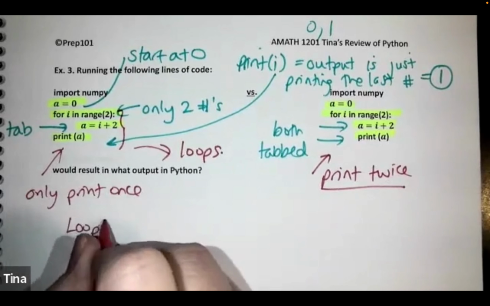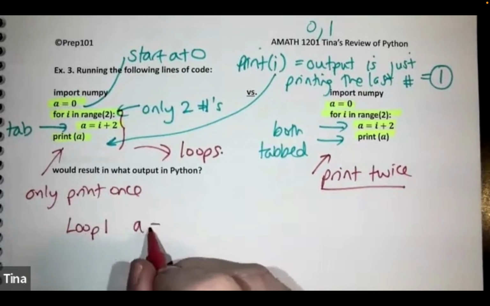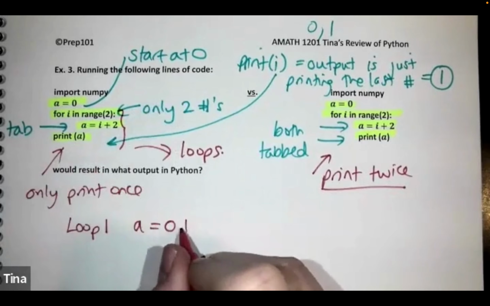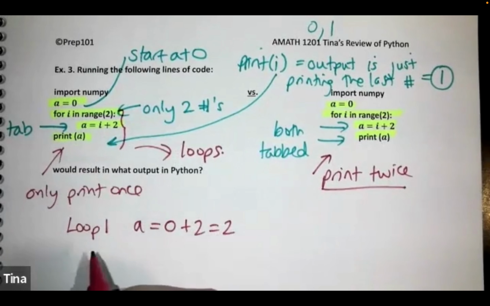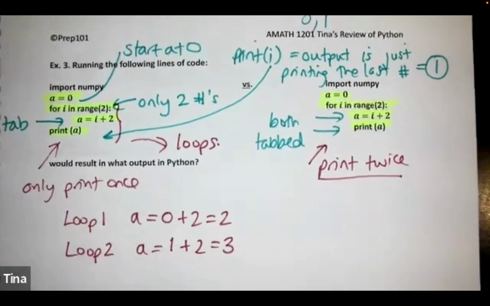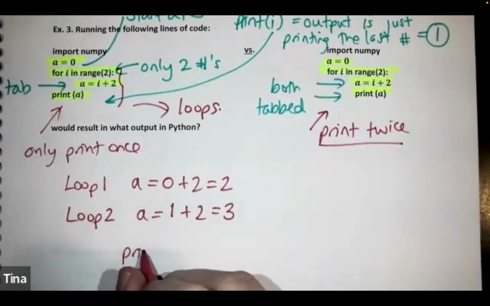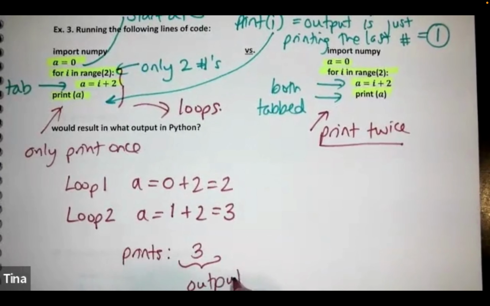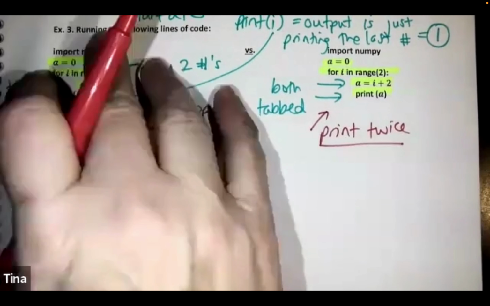So what do I mean by that? Well, loop 1 is a equals i plus 2, and our first number is 0. So 0 plus 2 is 2. And loop 2 is a equals, the next number is 1, and so 1 plus 2 is 3. But this one is going to print just 3. That's the only output. Okay, so that's for the one on the left.